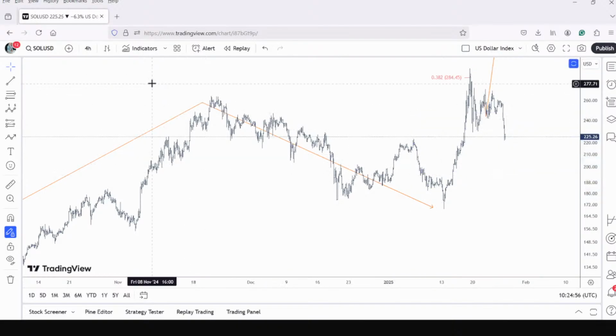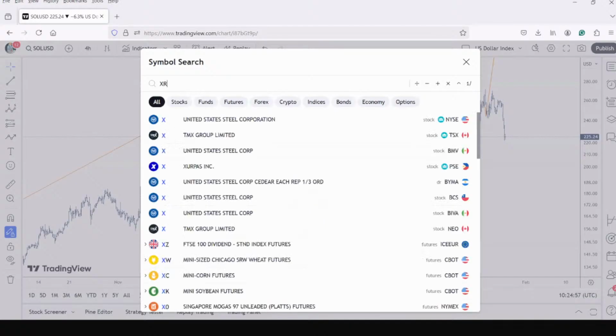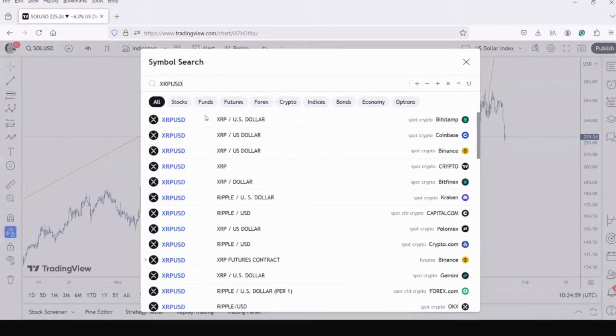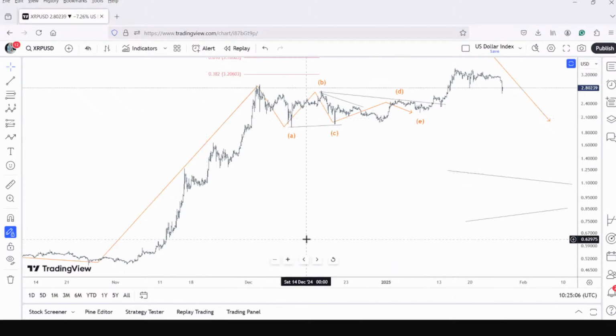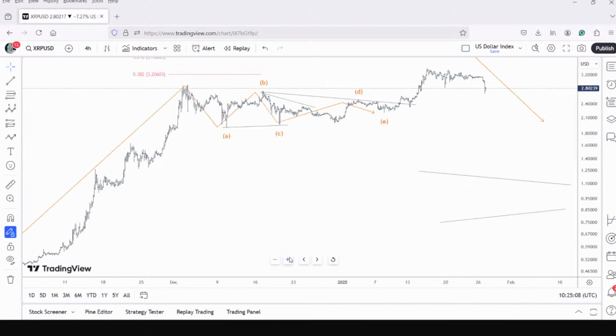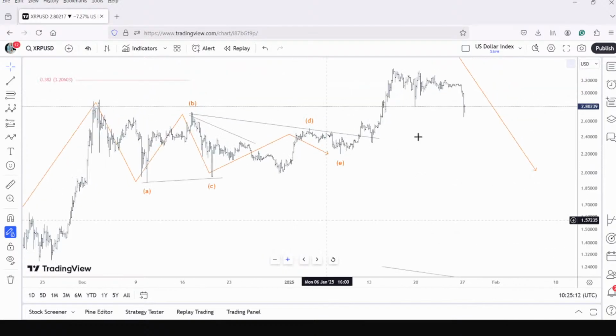All right, let's prepare for another rally. Okay, XRP has taken us out. The locked in profits have been taken out, but it's fine. We've lost nothing except for the locked in profits.